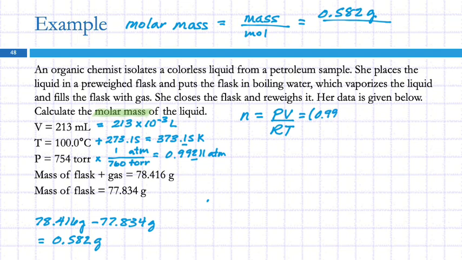So I can put these numbers in here. Pressure 0.99211 atmospheres. The volume 213 times 10 to the minus 3 liters. Divided by the ideal gas law gas constant, sorry.